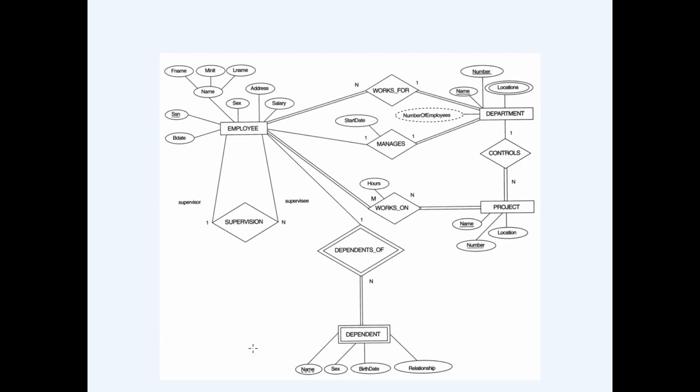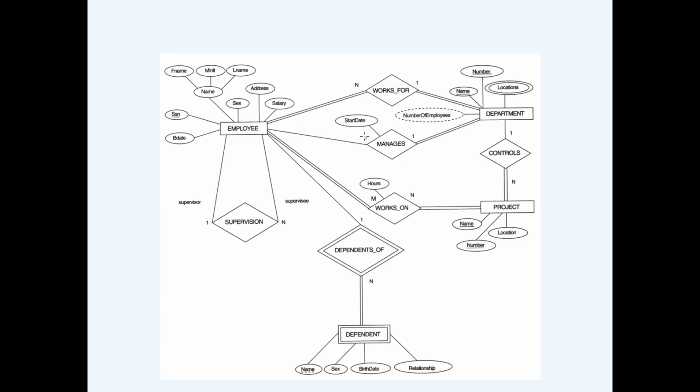Right. Now, let me explain a bit more about other things. For example, employee manages department, which means like a head of the department, right? And you can notice here the starting date of the manager is connected to the relation, because this does not belong to any of these. You can connect it there, but then you know that not all the employees will be managers.